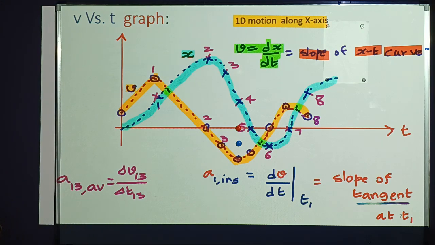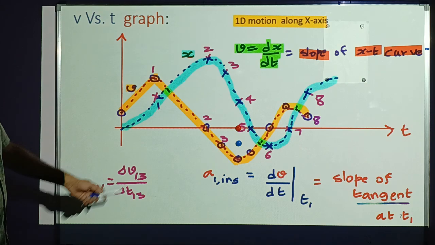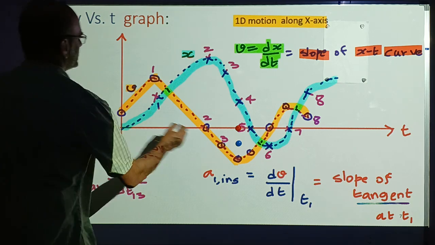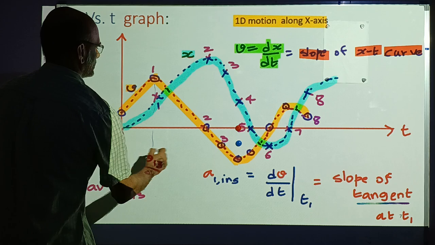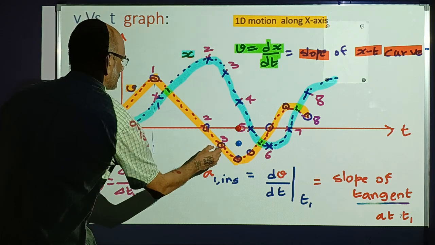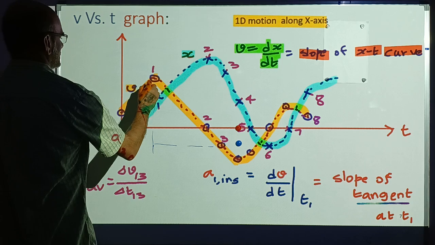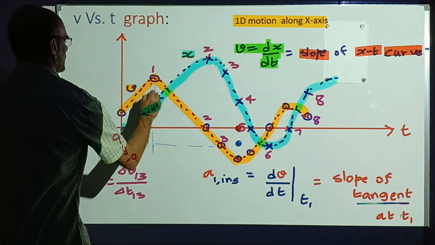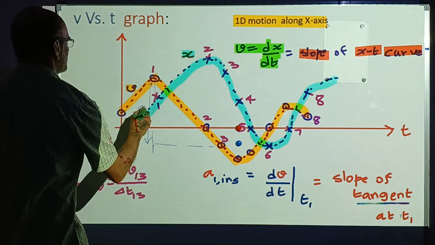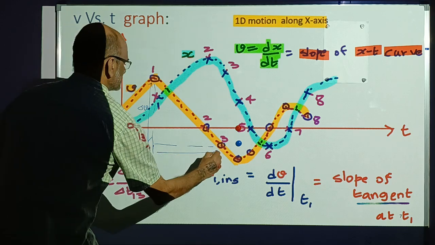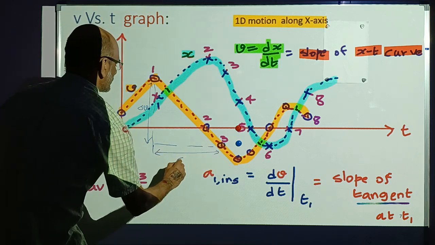So similarly, we can also define average acceleration between any 2 time instants, between t1 and t3. From here to here, that is delta v, and the corresponding change in time is delta t.